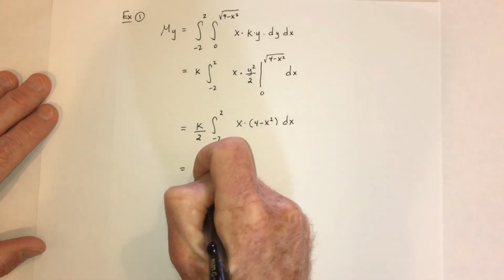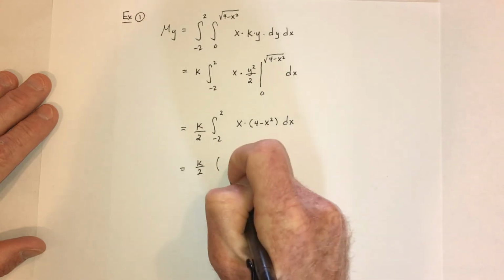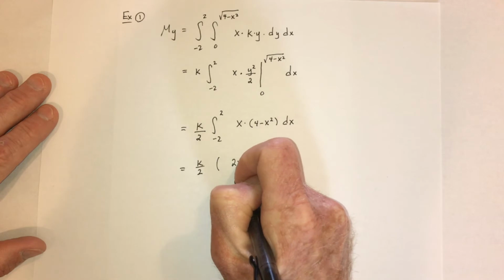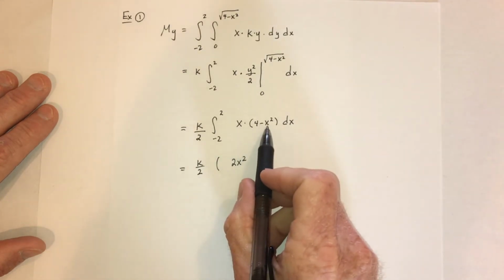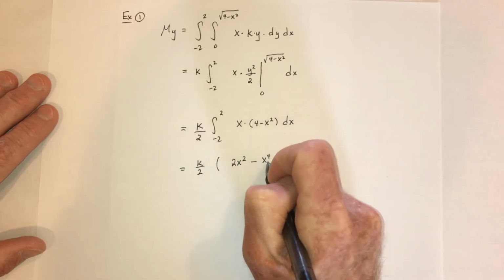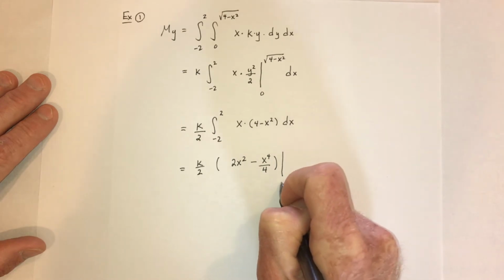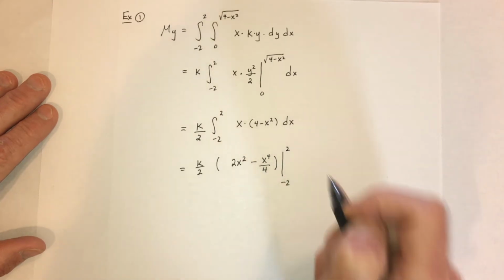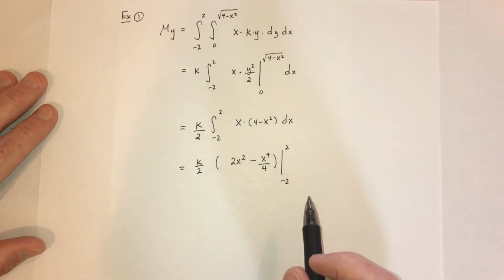All right, so this is going to be 4x. And when you integrate 4x, that's going to be 2x squared. This is going to become x cubed, so when you integrate that, it's going to be x to the 4 over 4. And then evaluate from negative 2 to 2. Now this one should equal 0.